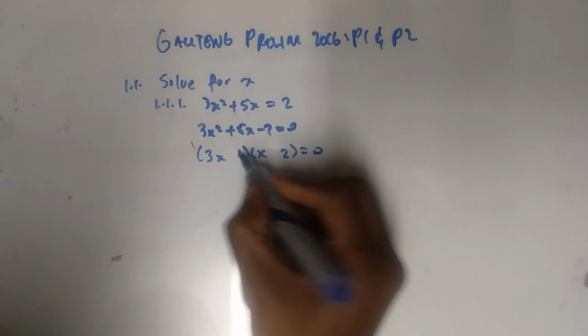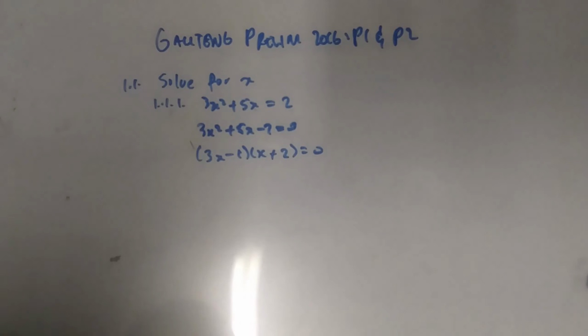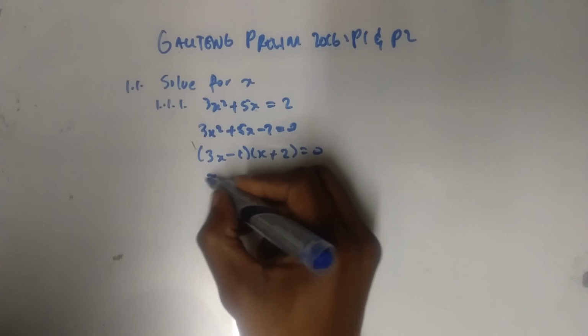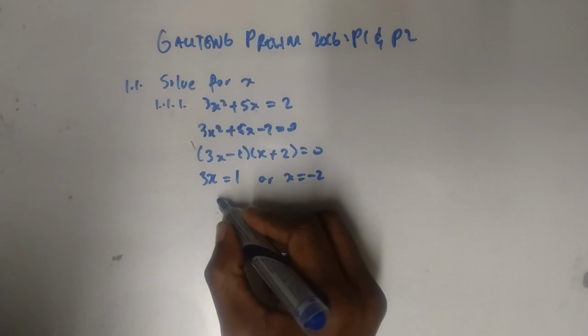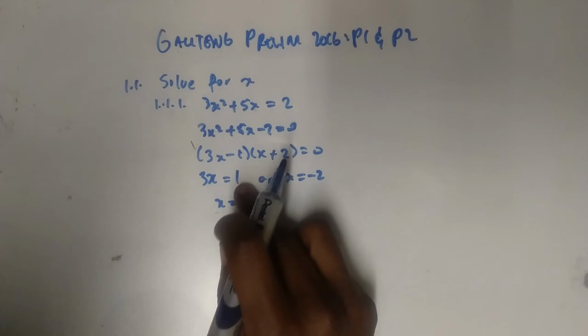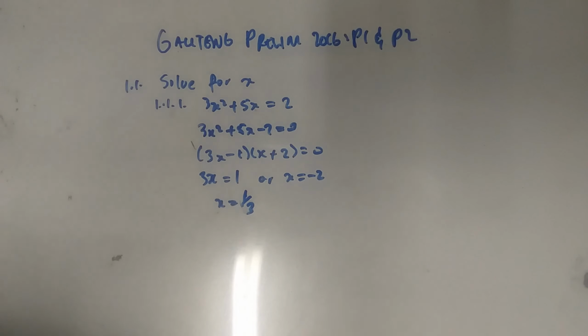So the factors of 2 are 2 and 1, and then the bigger number takes the sign of the middle term. Then our 3x is equal to 1, or our x is equal to negative 2. Our x is 1 over 3. Okay, so this is how we solve this first question, where they say we should just solve for x.